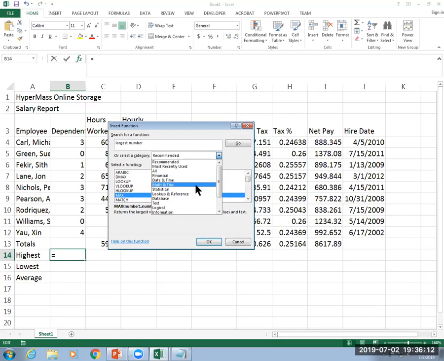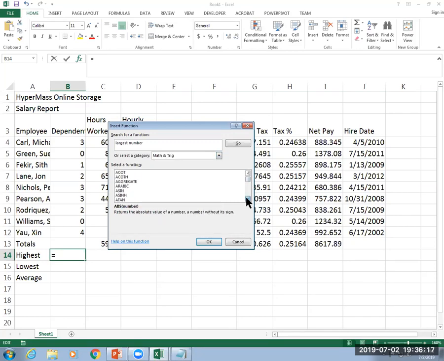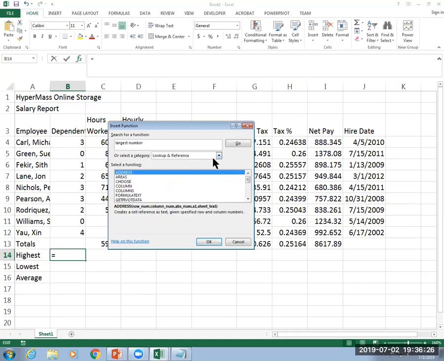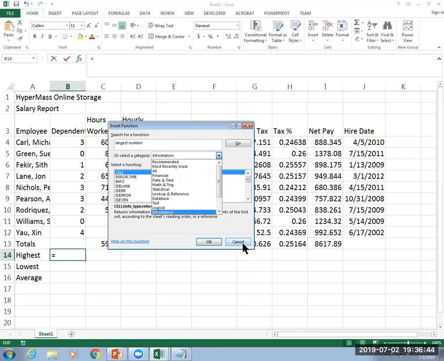So if I'm doing mathematical stuff, I could click on math and trig, and it would show me all of the mathematical things. If I go into statistical, it shows me all the statistical things. If I go into lookup and reference, or text, or logical if-then statements, there's lots of help that's built into Excel that I think is really useful.